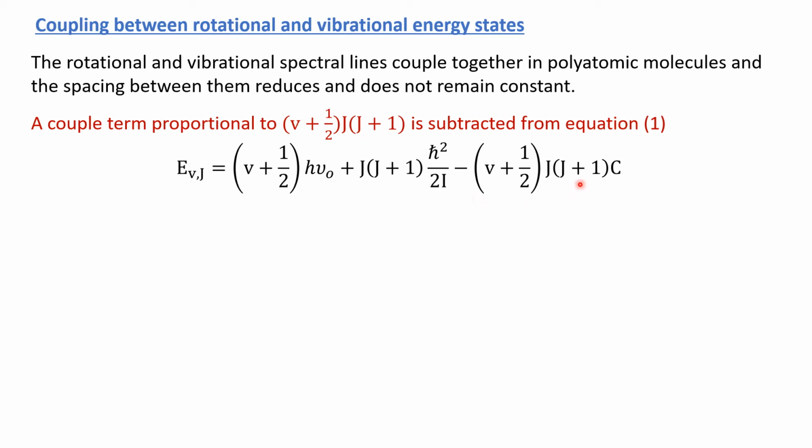Because of this subtraction, not only does the spacing between the spectral lines reduce, but it also does not remain constant, because as we go to the higher vibrational state the spacing goes on decreasing, and unlike in rotational spectra, where the spacing goes on increasing at the higher rotational energy level. So because of the coupling, the spacing does not remain the same, and the values go on decreasing.